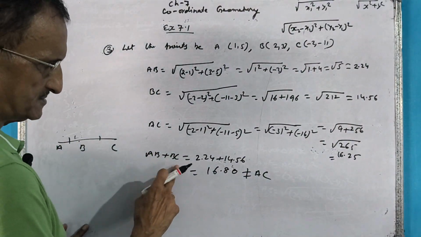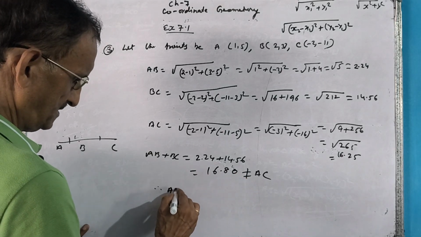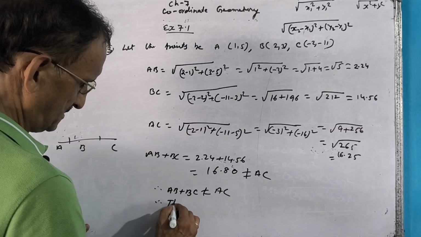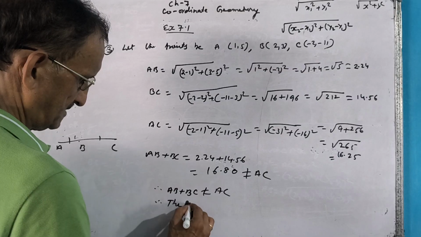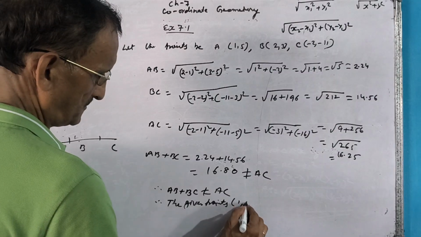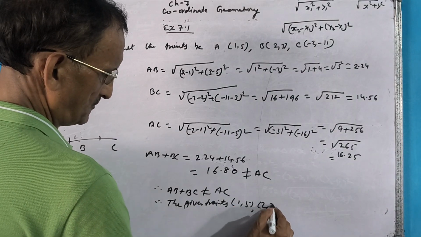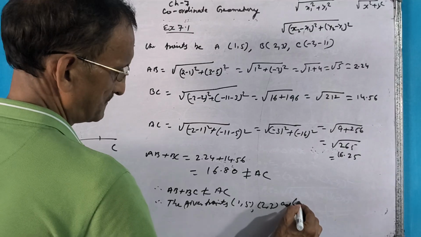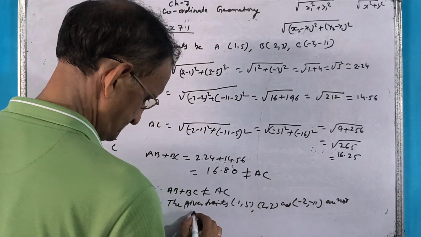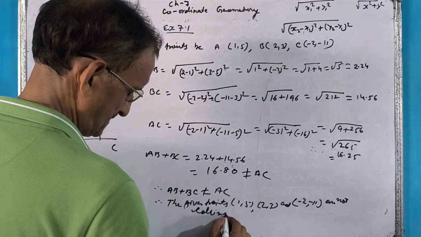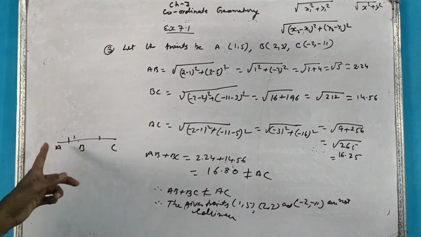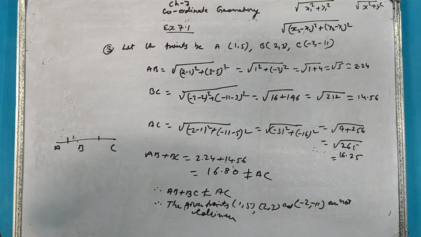Since AB plus BC is not equal to AC, therefore the given points (1, 5), (2, 3) and (-2, -11) are not collinear. Understood? This is the concept to prove whether 3 points are collinear. There is another formula also, but we are not using it here.